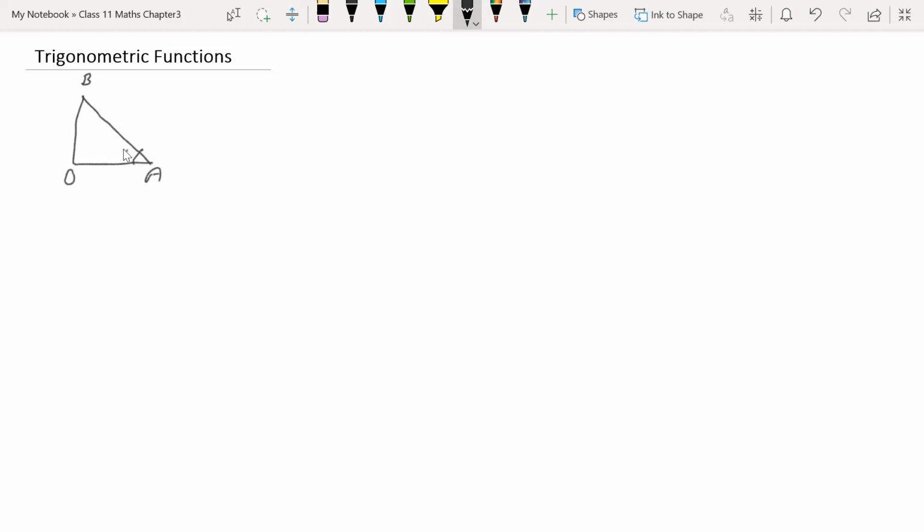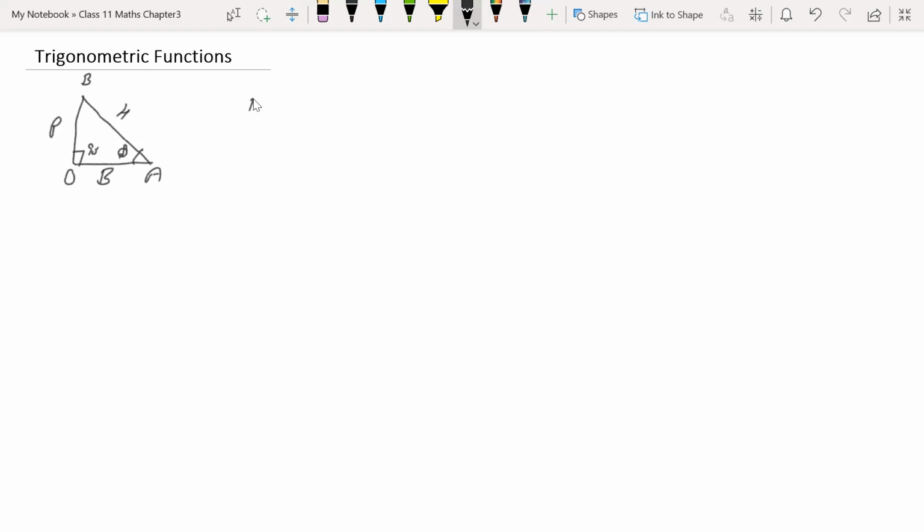This is the theta angle, and the adjacent angle to theta is of 90 degrees. The side opposite the right angle is the hypotenuse, this is the base, and the side which has the 90-degree angle is known as the perpendicular.